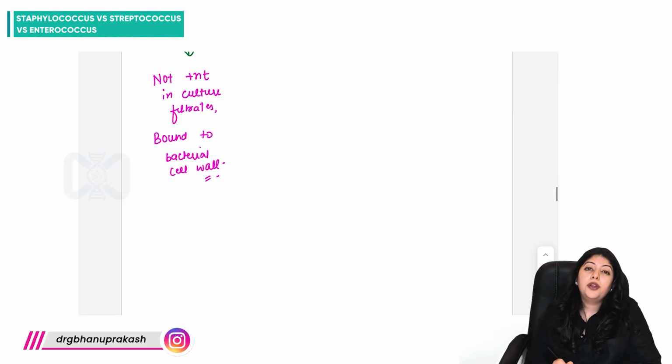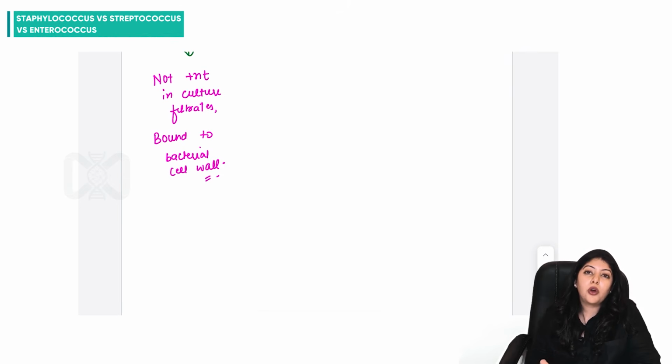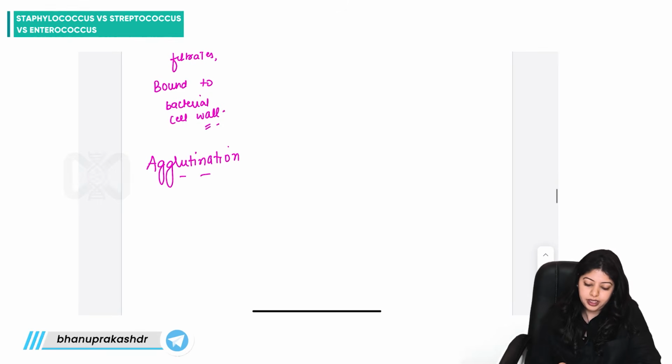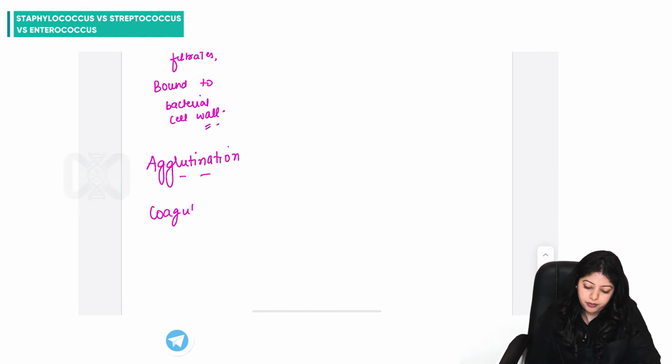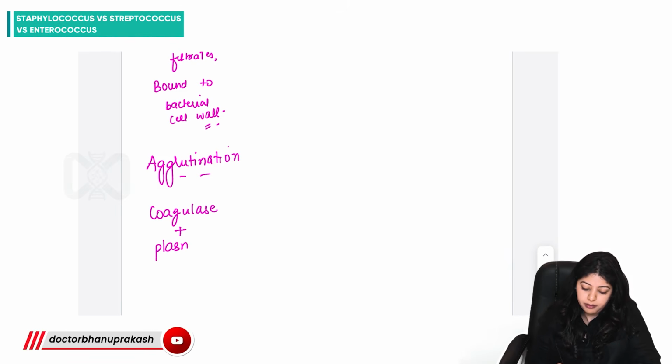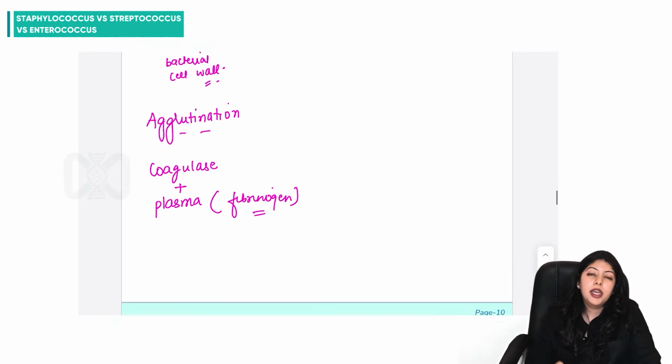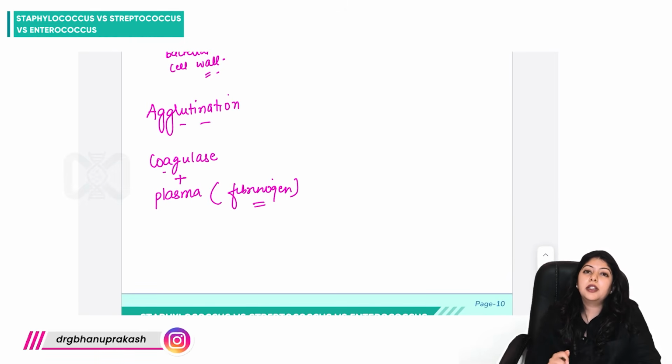So remember, for testing bound coagulase or clumping factor, we are going to look for the presence of agglutination when this coagulase reacts with plasma having fibrinogen. The end product of these coagulase enzymes is the production of fibrin. It converts fibrinogen to fibrin, right?